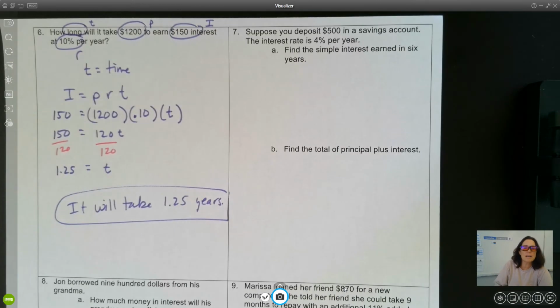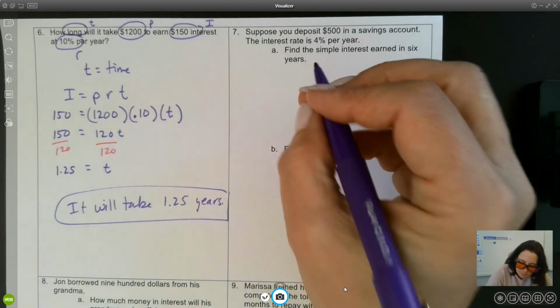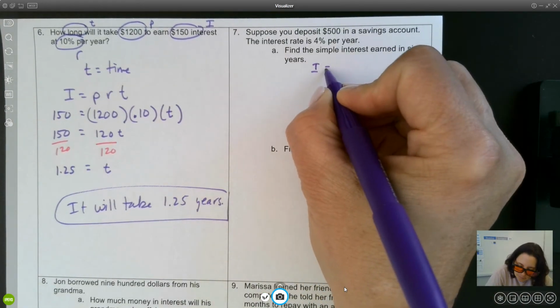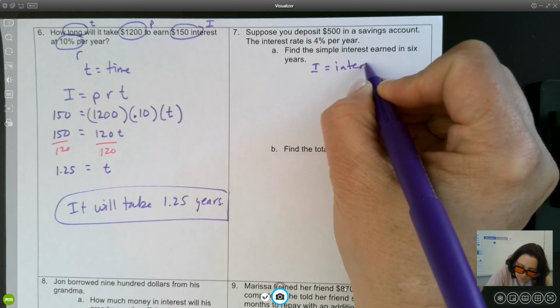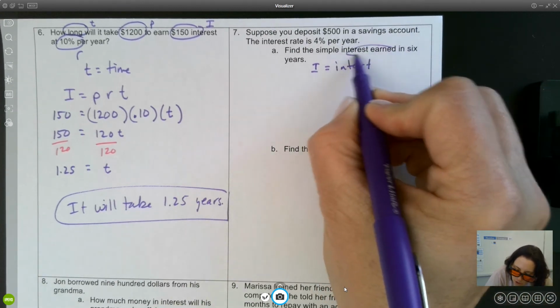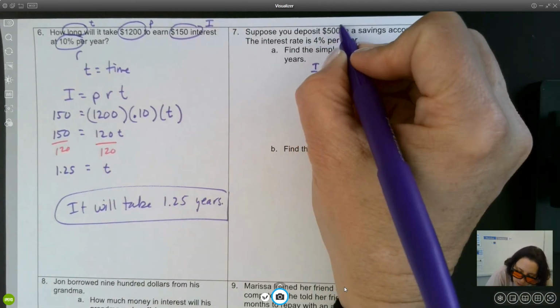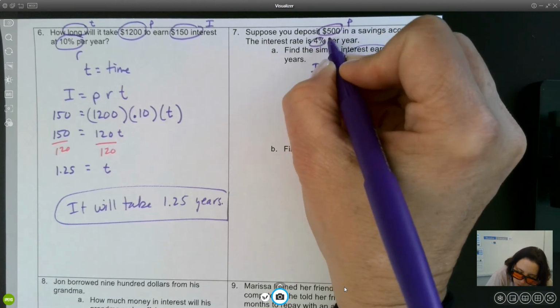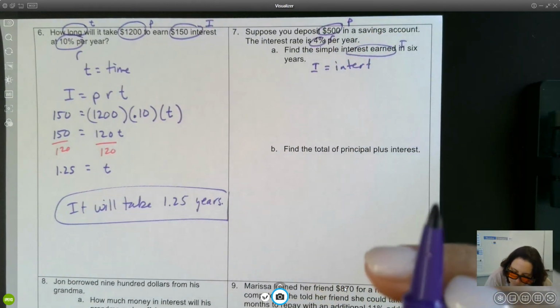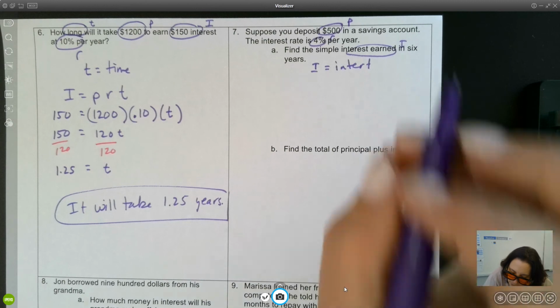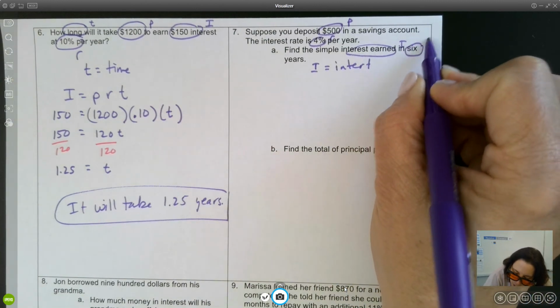Okay. All right, number 7, suppose you deposit $500 in a savings account. The interest rate is 4% per year. Find the simple interest earned in 6 years. Okay, we're asked to find the interest. Here's the principal, here's the rate. And then here's 6 years, the time.